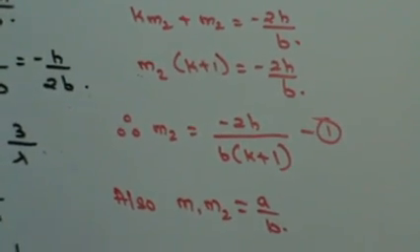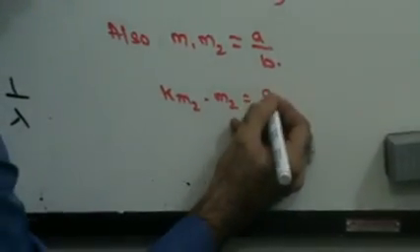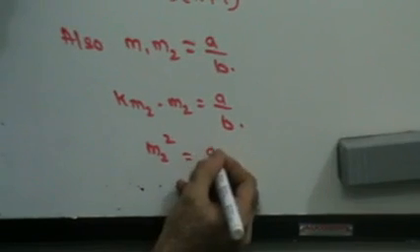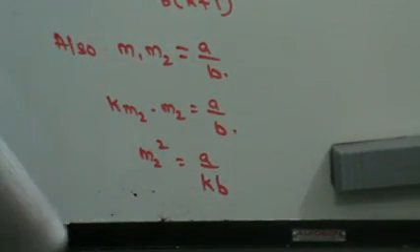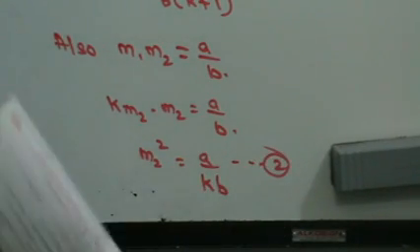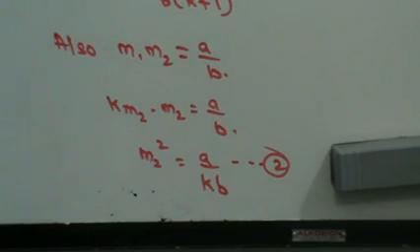Now m1 can be substituted as k times m2, so k m2 square is a upon b, and m2 square is a upon kb. Fine, do we get this thing clear? Now let's call this equation 2. Substitute the value of m2 from equation 1 into equation 2.